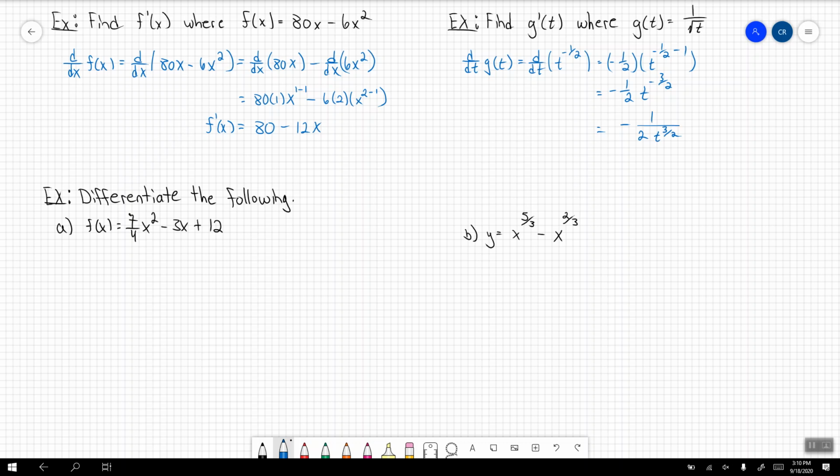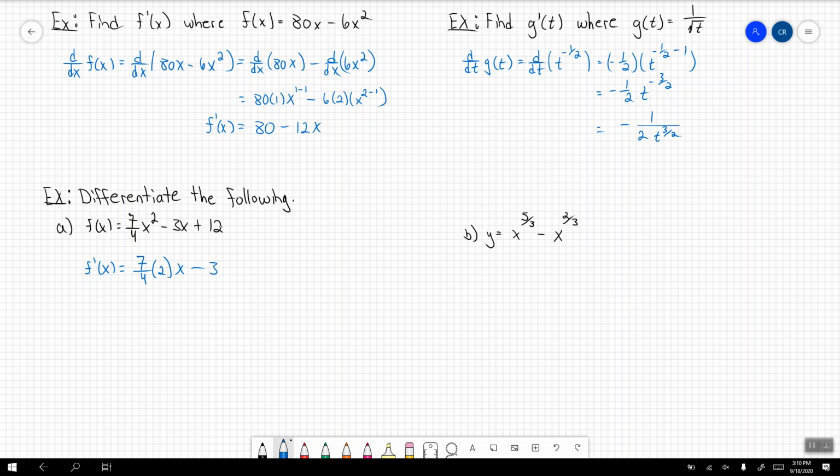When I take the derivative f prime of x for my function f of x, well, my first exponent is going to drop forward, so this is going to be 7/4 multiplied by 2 times x minus, taking the derivative here of x, drop the exponent forward, subtract 1 from the exponent. That means that x turns into a 1, and then we're going to be left with negative 3.